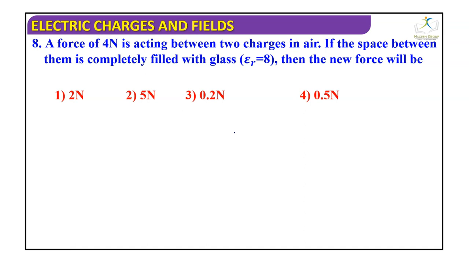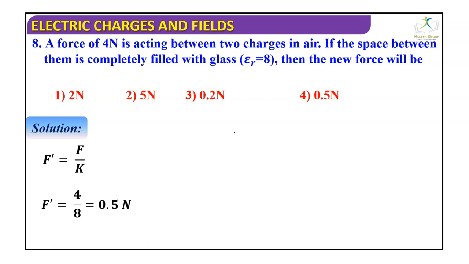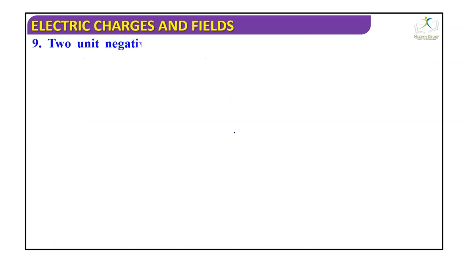Let us see the solution for this question. We have F prime is equal to F by K. F prime is equal to 4 by 8, because the force is given, which is 4 Newton, and K is given as 8. That means the new force is 0.5 Newton.